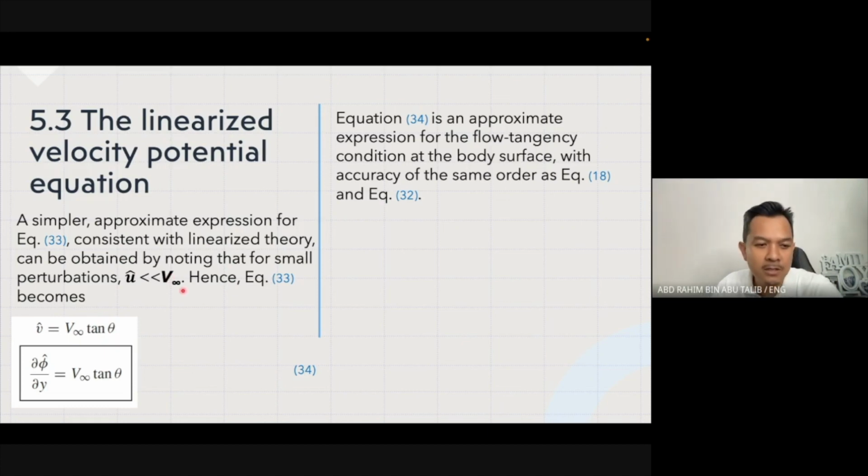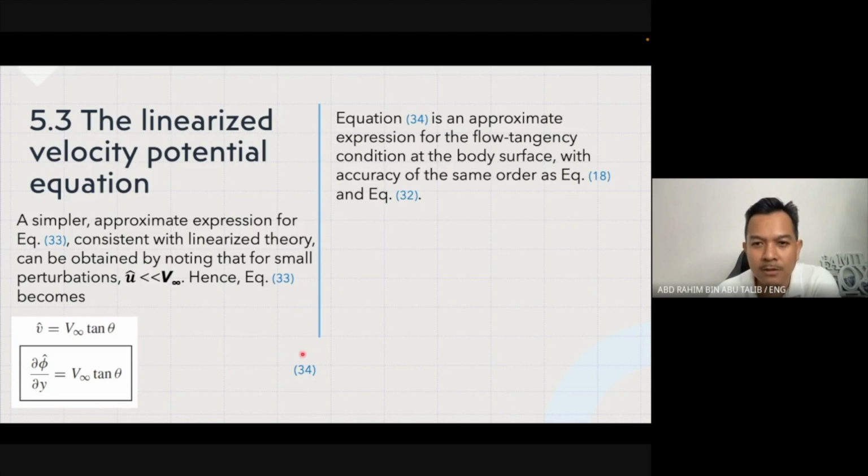Hence, equation 33 can be rearranged: the perturbation velocity v equals the free stream velocity times tangent theta, and you can express it in terms of the perturbation potential in the y direction equal to the free stream velocity times tangent theta.